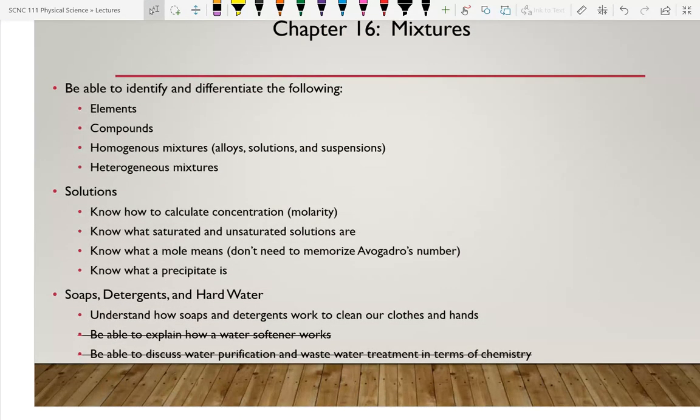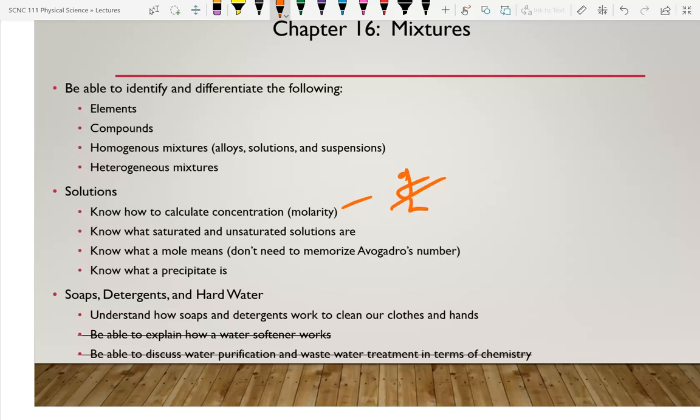Chapter 16, this is where I said we would have the homogeneous mixtures and the heterogeneous mixtures. We've already defined all of the things there in that first section. Solutions, concentration. I don't remember if it was homework or lab, but we had something that had a concentration in grams per liter. I think it was homework, wasn't it?